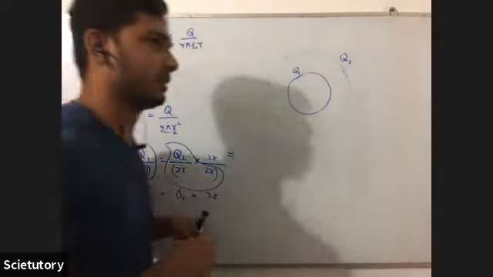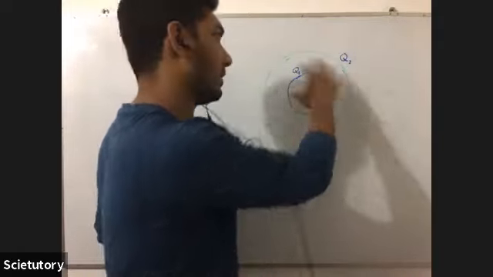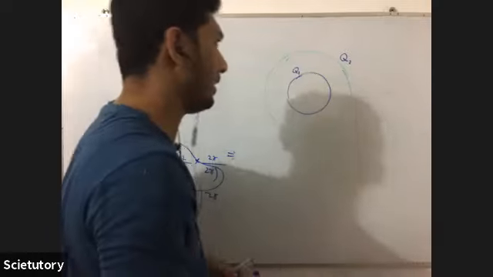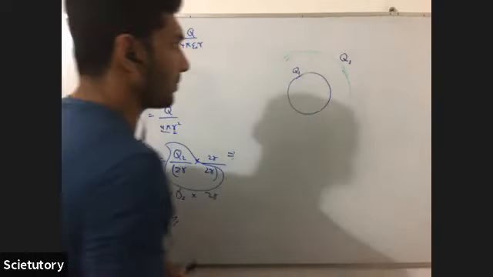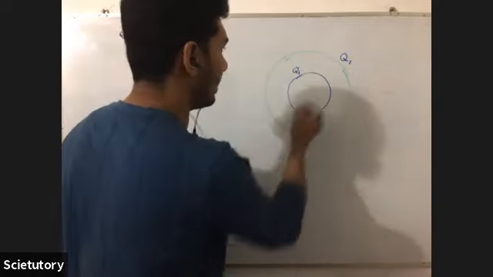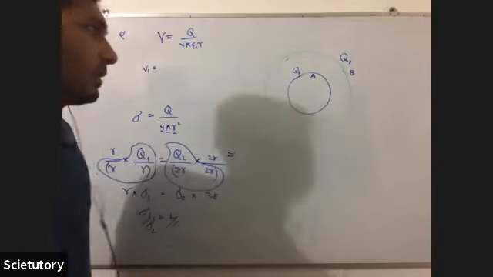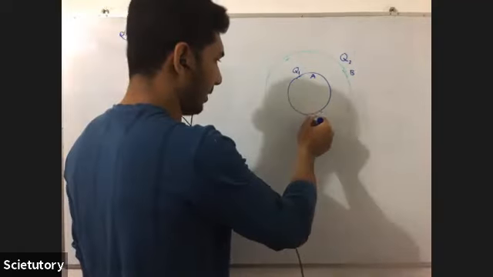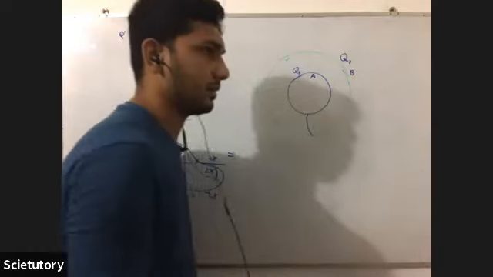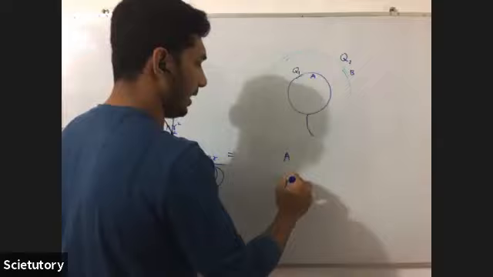Both are shells, though this inner one can be a solid also, but the outer one is definitely a shell or hollow sphere. They have charges Q1 and Q2. This is A and this shell is B. Now they are connected by a wire. So what are the final charges on A and B?